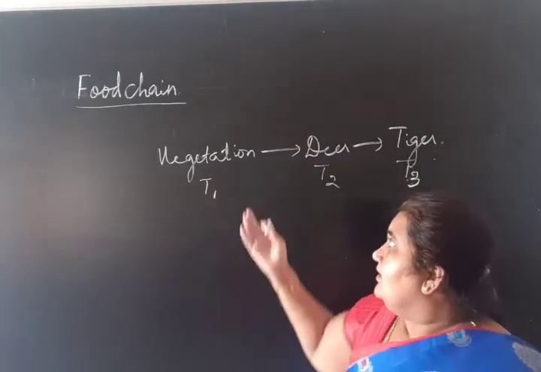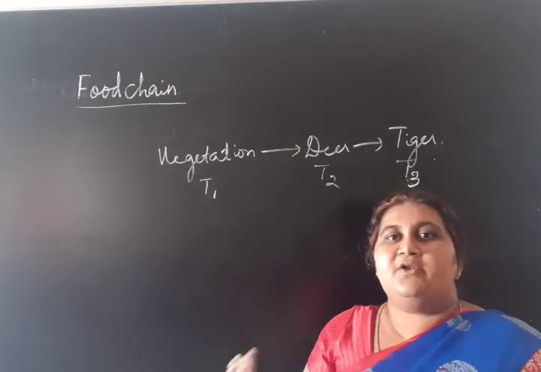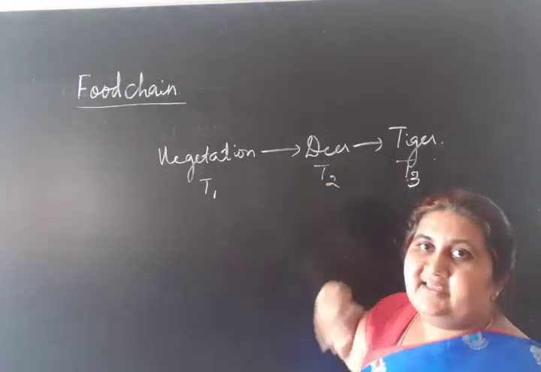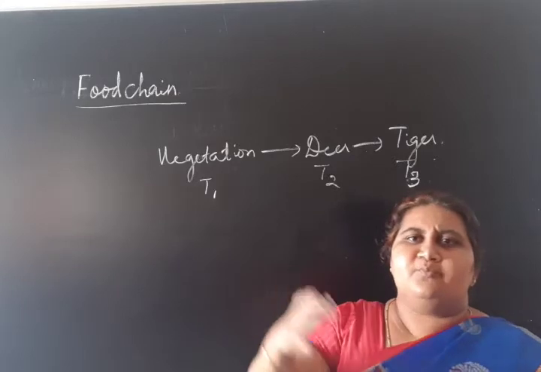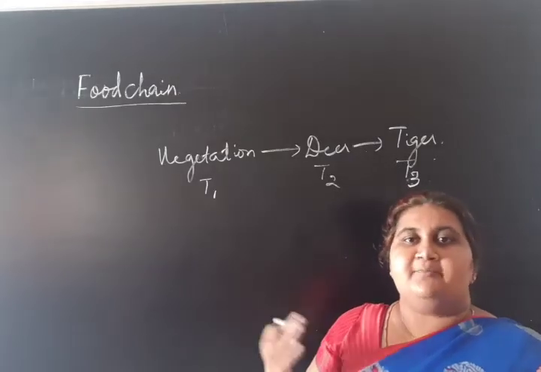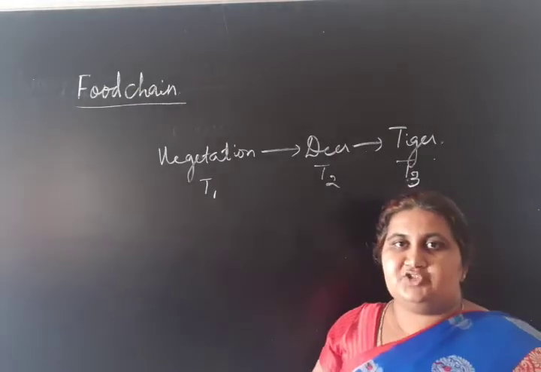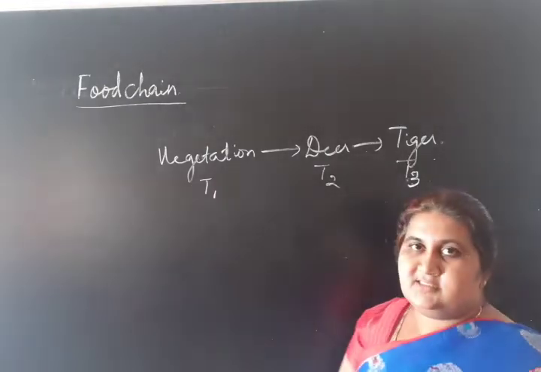Why? Because the producers require energy for their own activities. Similarly, deer also need some energy for their movements and metabolic activities. They utilize that energy, and we call it respiration loss.